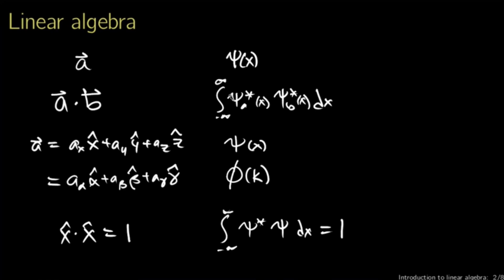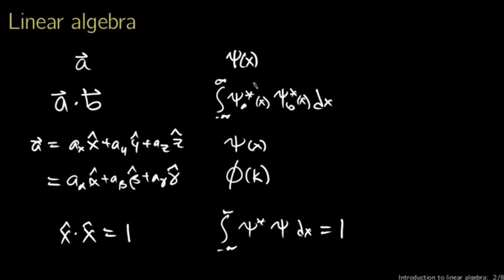Looking at it in terms of the wave function, here we're taking the component of the wave function at some position x, multiplying it by the component of some other wave function at the same position, repeating that over all different positions, and adding up all of those different effective position components of the wave function.